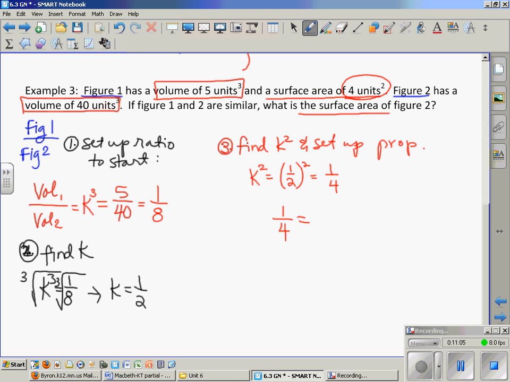So 1/4 is equal to, I know the area of figure 1. And since I put figure 1 on the top, I put it there. What I don't know, I give a variable. And y is equal to 16 units cubed. That is it for today's lesson.